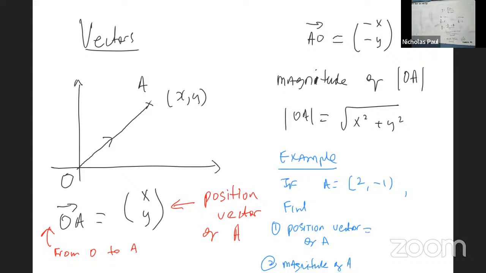The position vector of A is written like this: OA with a little line on top. That is (2, -1). And to find the magnitude, it is the square root of 2 squared plus (-1) squared. So that's root 5.